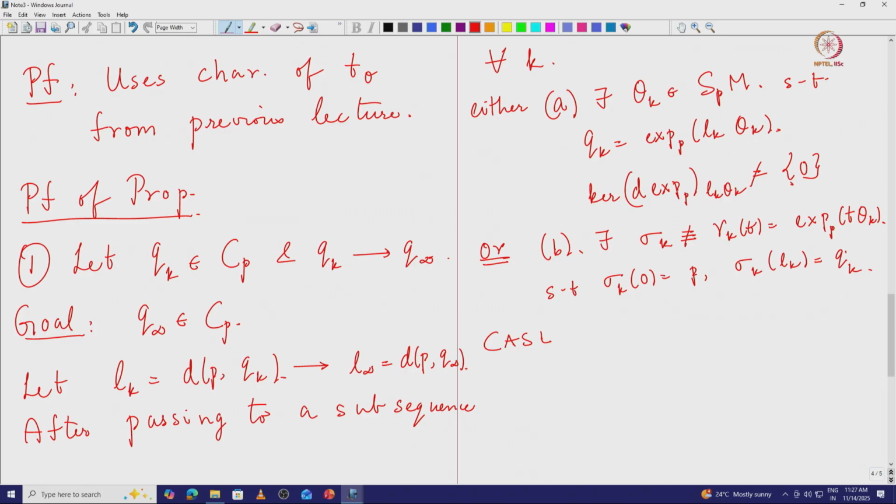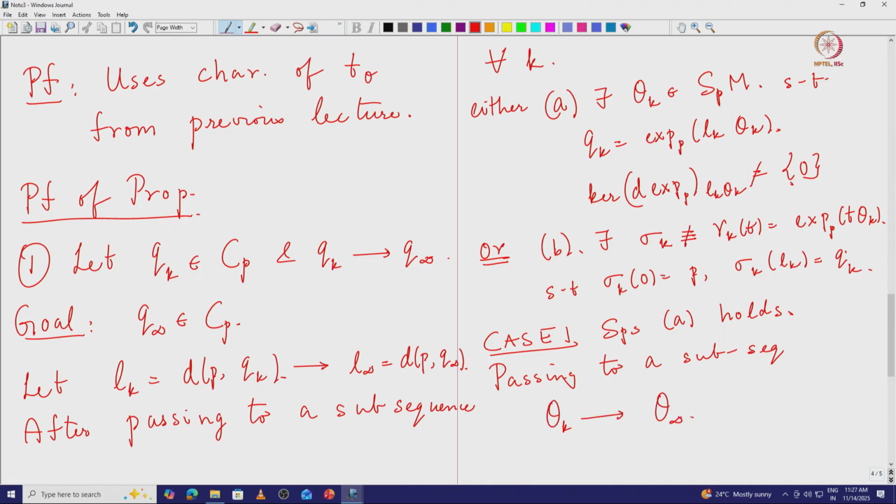Case 1, suppose A holds. Passing to a subsequence, which I will again continue to denote by k, theta k by the Bolzano-Weierstrass property again converge to some theta infinity.